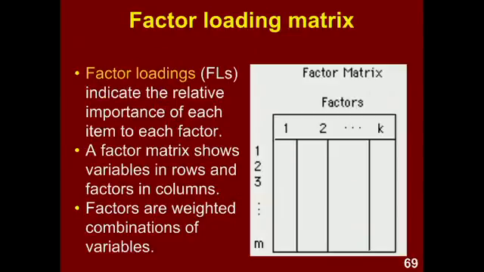So the missing piece of the puzzle in the output is what we call a factor loading matrix. And this is going to list each item and each factor, and you're going to get the amount that each item loads onto each factor. And this is the single most useful piece of output that you'll get.